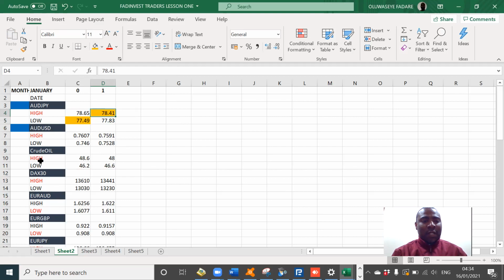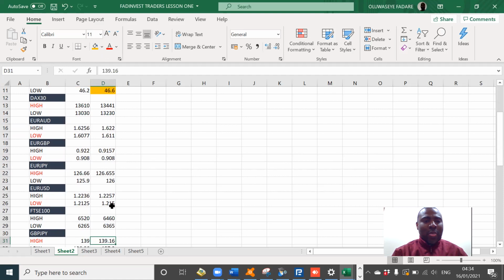So let's take, for example, crude oil as well. You can see crude oil as well, the same thing. The day zero is higher than day one, which is the high side. So because I chose high here, automatically I'm going to choose low for the next day.